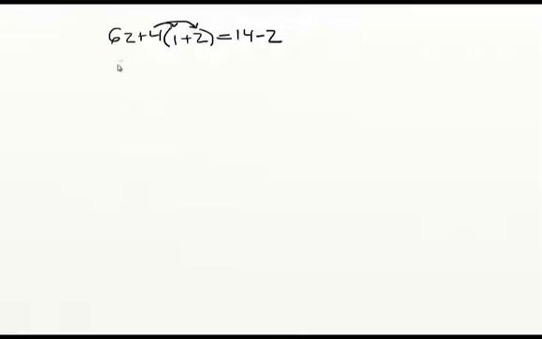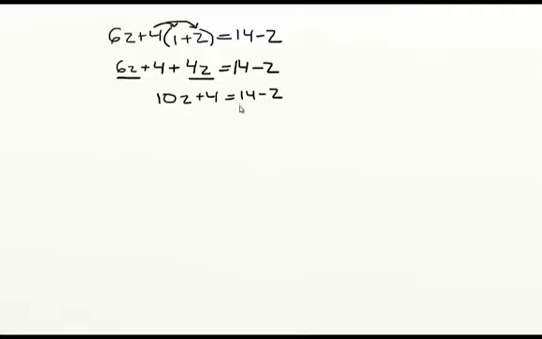So that would become 6z plus 4 times 1 is just 4, plus 4 times z is 4z, equal to 14 minus z. So the next thing we want to do is combine like terms. We have this 6z and 4z, so we can add those two together, and we'll get 10z plus 4 is equal to 14 minus z.